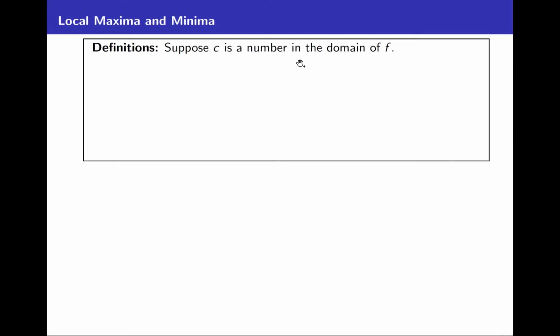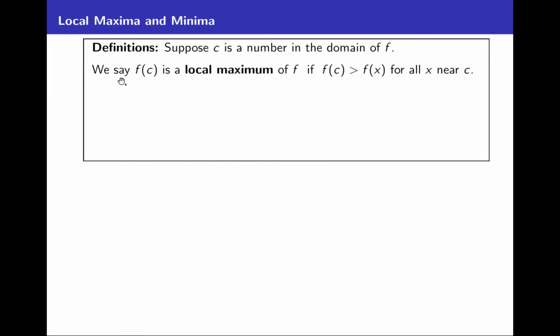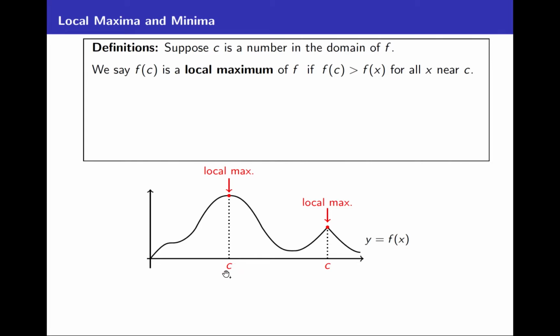Suppose c is a number in the domain of f. We say that the value f of c is a local maximum of f if f of c is greater than f of x for all x that are nearby c. So here's the picture. Look at this point c and think about f of c, which is this y value way up here.